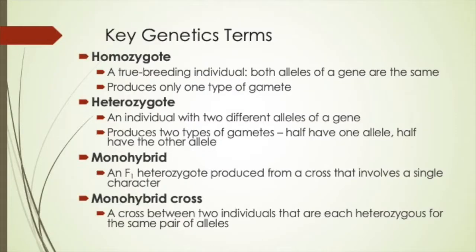So we have some genetic terms. Homozygote means that you have a true breeding individual. This is what I was explaining before. True breeding: both alleles of a gene are the same. In a diploid organism, you have two sets of chromosomes, so both alleles are going to be the exact same type of allele.